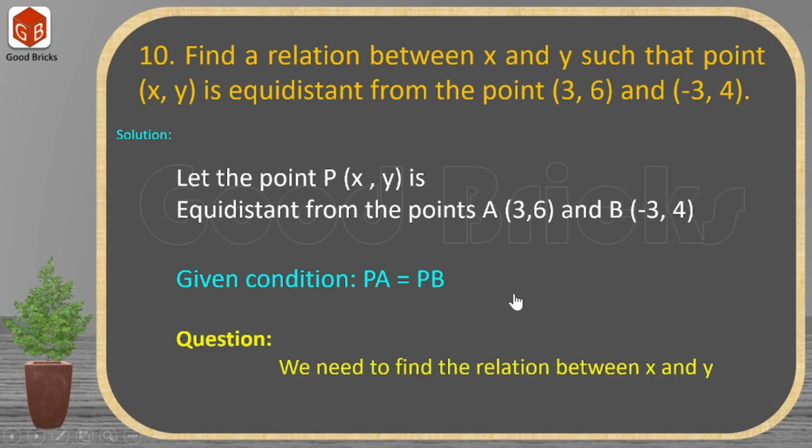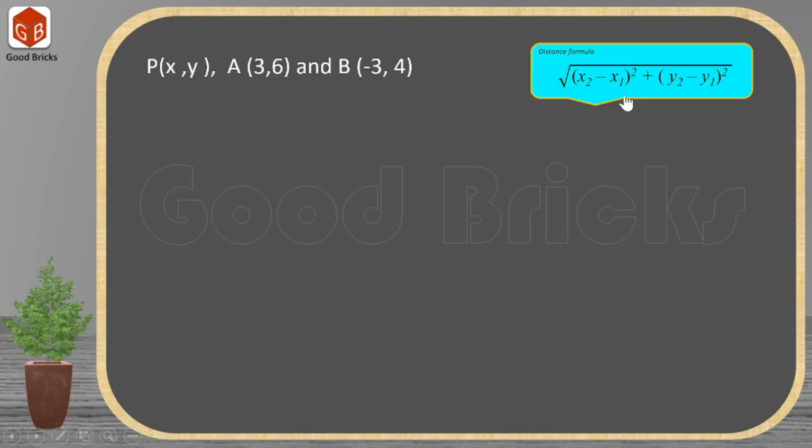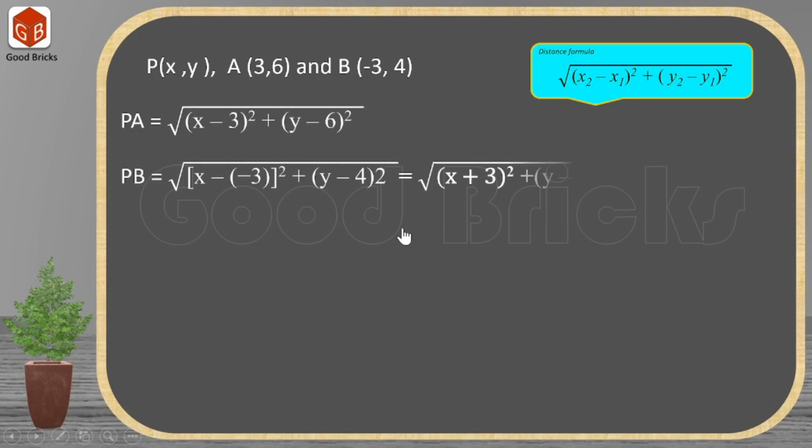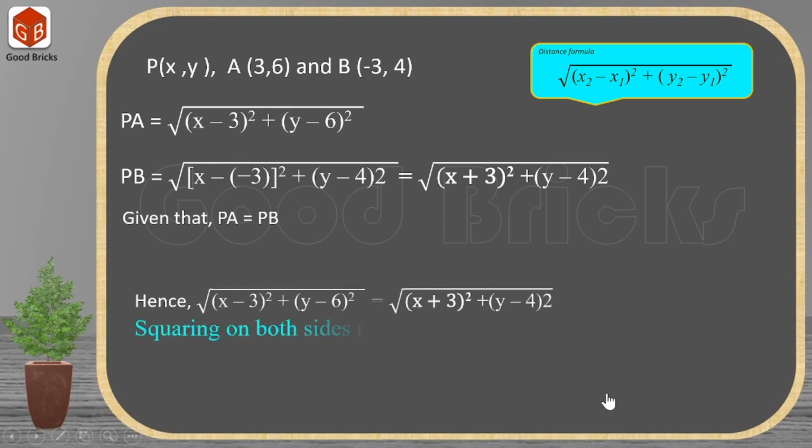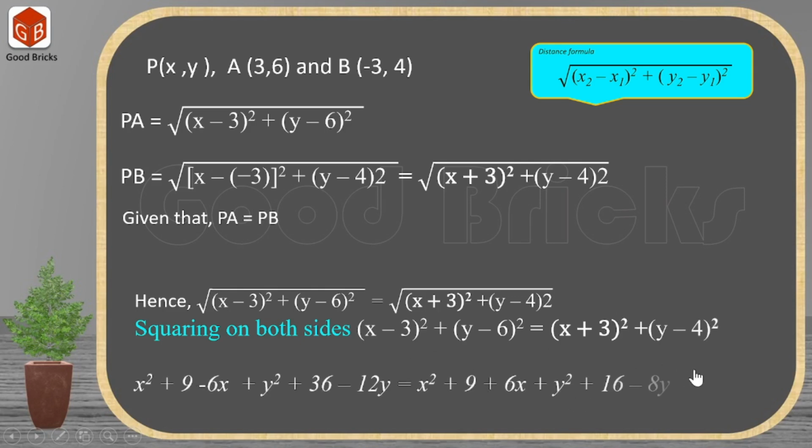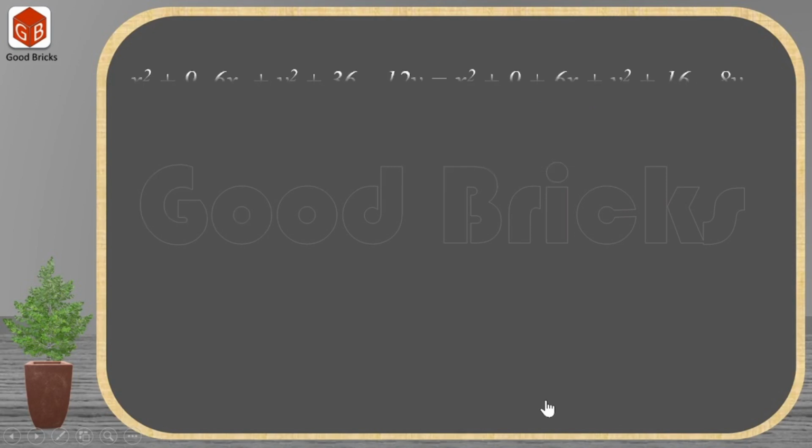For that, we have to find the distance of PA and the distance of PB using the distance formula. When we find PA and PB, we get this. Now these two are equal as per the given information, so that is what we are writing now. After squaring on both sides and using the a minus b and a plus b whole square formulas, we can simplify as shown here. Let us take it forward.